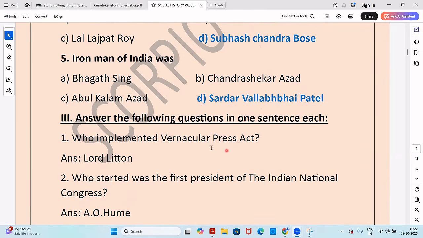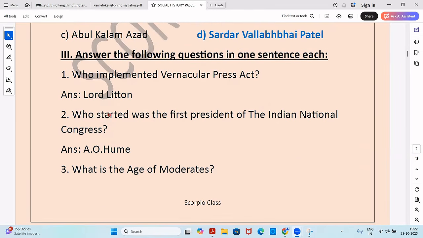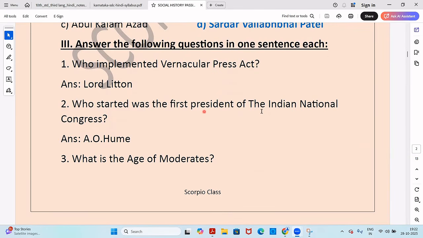Now we move on to the question answers. Very firstly, we'll see one line or one sentence questions. Who implemented the Vernacular Press Act? Answer is Lord Lytton. Who was the first president of the Indian National Congress? It is A.O. Hume.